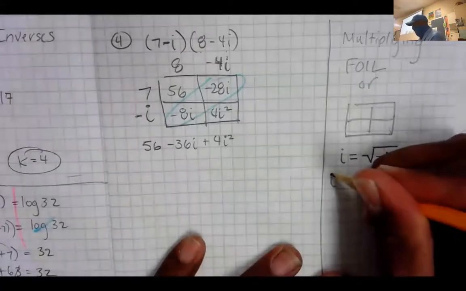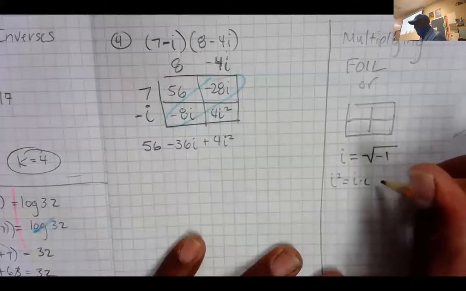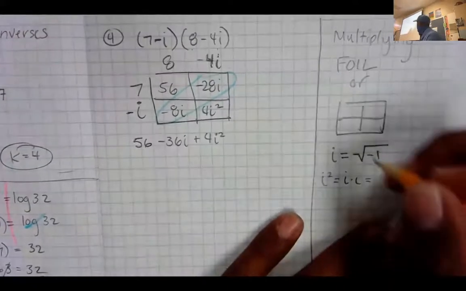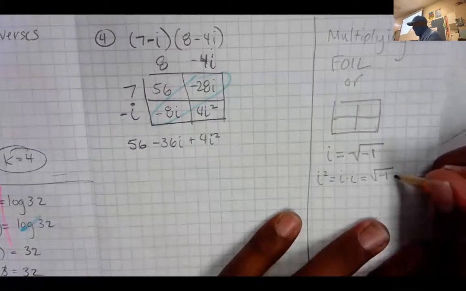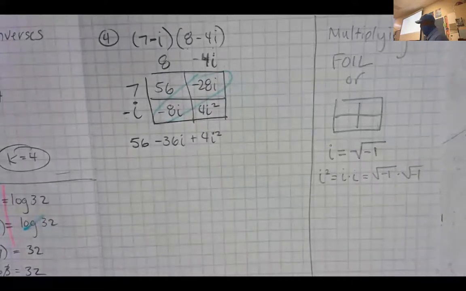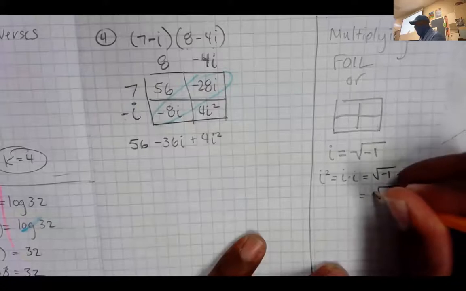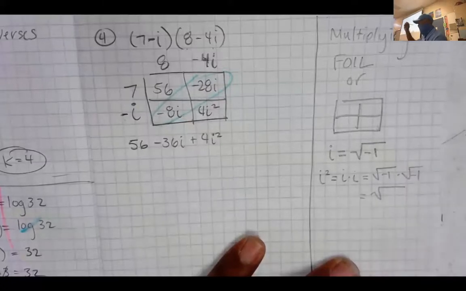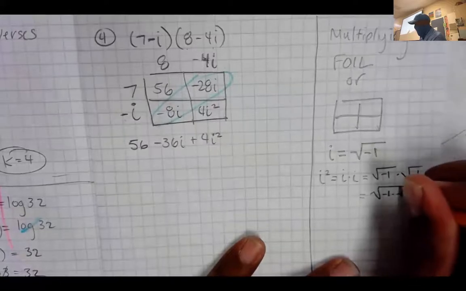Now i squared means you're going to do i times i, which also means the square root of negative 1 times the square root of negative 1. When you multiply two roots with the same index, you can multiply the numbers inside together.